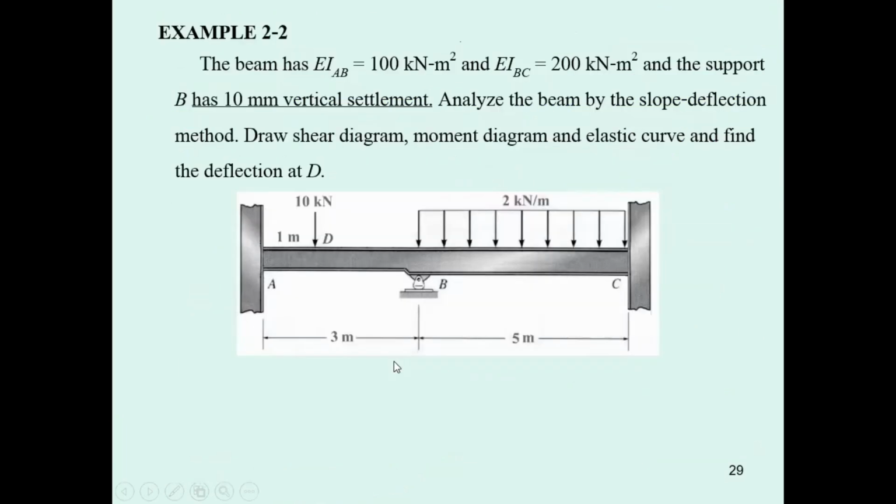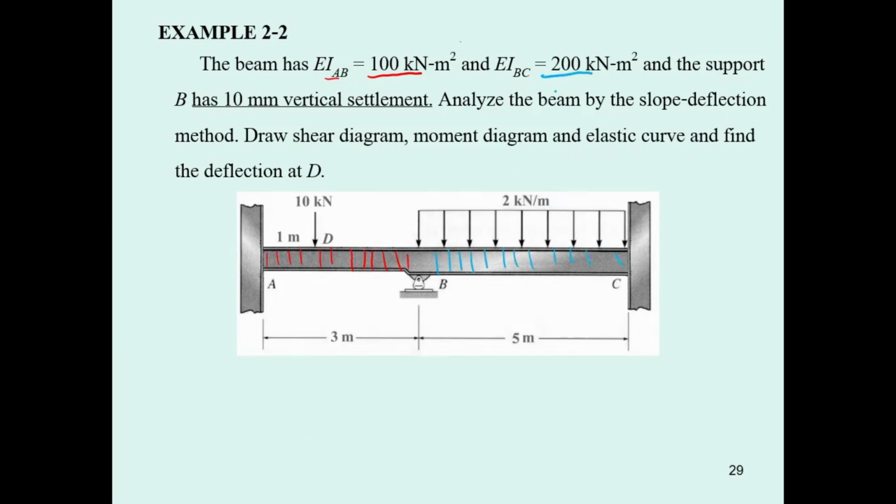Okay, let me start on this problem. This problem, we have the beam, and our beam has A, B. This is smaller, has EI 100. And then we have another member called BC.